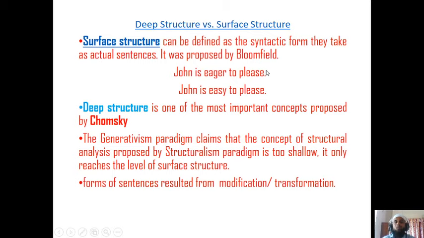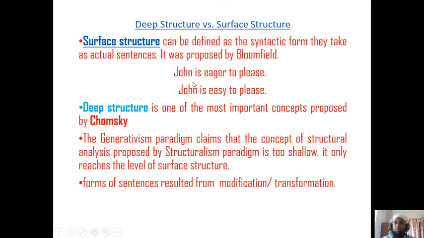From the structural aspects, both sentences have the same structure: a subject, then a verb, then a complement or adjective, and then an infinitive verb. So structurally there is no difference, but I have already shown that there is a difference between these two sentences semantically.